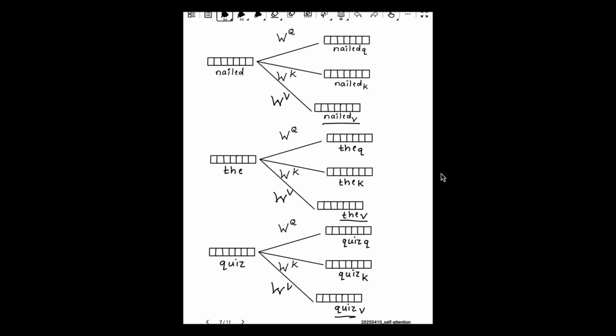Just like before, we compute value vectors by multiplying the input embedding with a third learnable matrix, WV. Here, for example, we are taking input representation of nailed. We will multiply that by this matrix WV and we get this value representation for the token nailed. Here we have value representation for the token the, and here we have value representation for the token quiz.